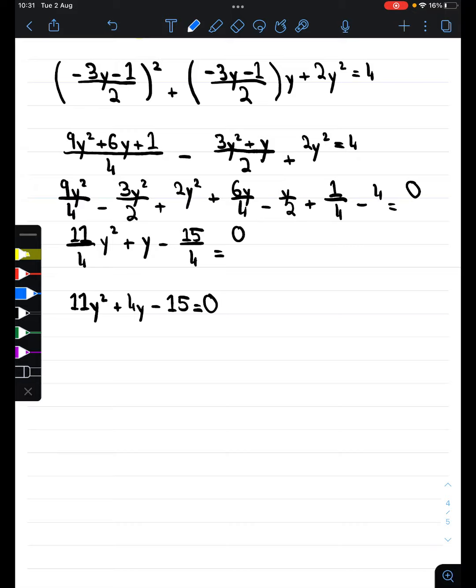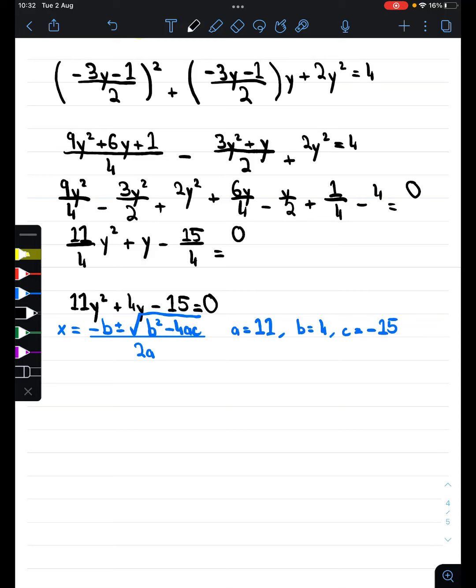So now we have a quadratic equation, and we know how to solve a quadratic equation, so we'll just immediately write down our minus b formula. So x equals minus b plus or minus the square root of b squared minus 4ac, all over 2a. In this case, a equals 11, b equals 4, and c equals minus 15.